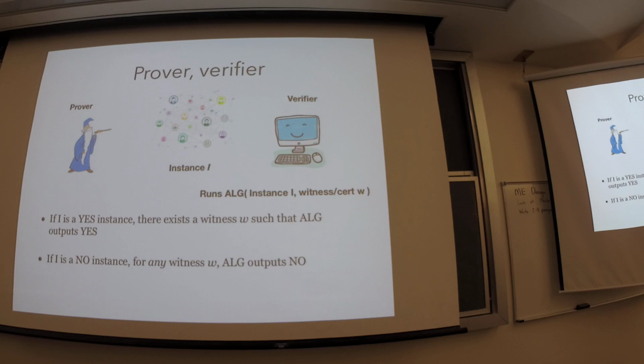We know that if a problem is in NP, you have this prover-verifier framework, right? So there is some verification algorithm. Let me draw this. You have this verification algorithm.